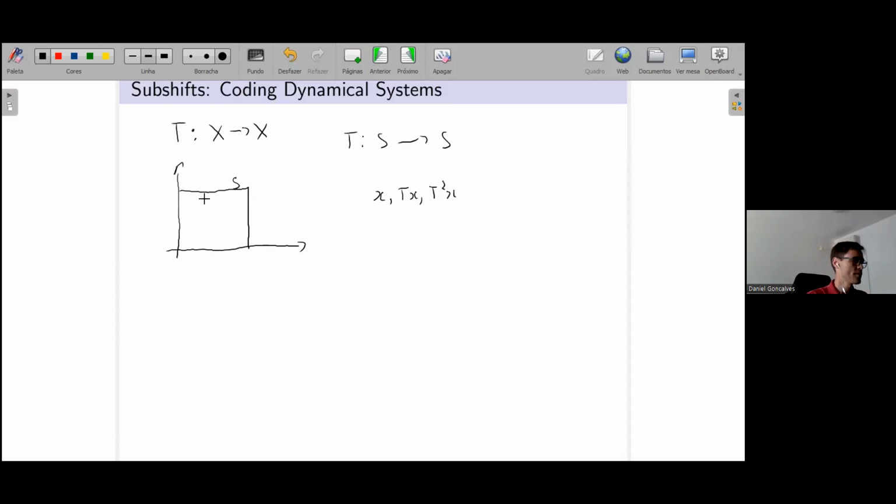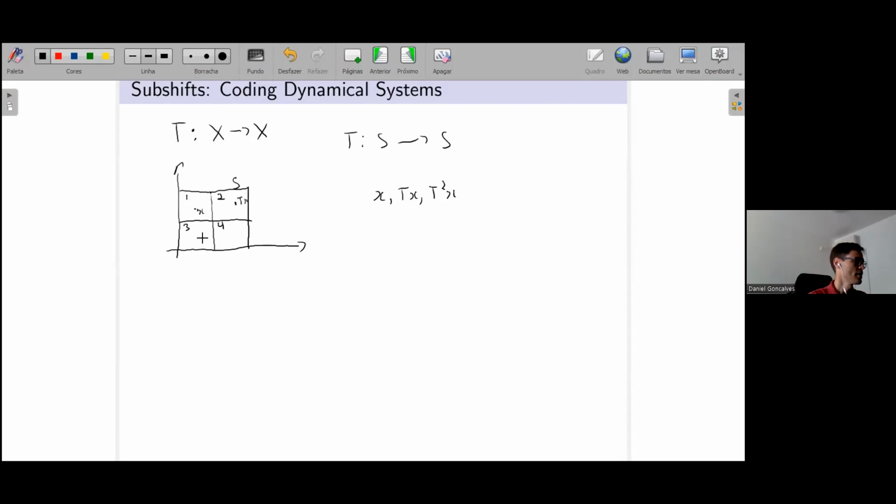So one way of seeing this, say you have a map from the square to the square, you can partition the square in some pieces. Let's say you can cut it in 4 pieces here: 1, 2, 3, 4. I start with my point X, say it's here. Then I look at T of X, maybe it's here.